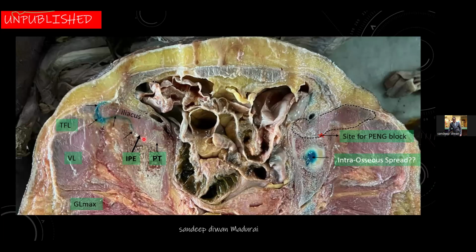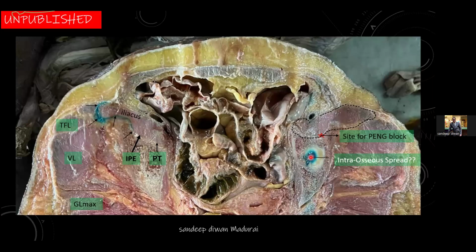So now this is the iliacus, that's the psoas tendon, that's the iliopectineal eminence. These are the lateral parts, the tensor fasciae latae, vastus lateralis, gluteus maximus. You can see the dye going as far as the path of the lateral femoral cutaneous nerve. But what was unusual is the intraosseous spread. You can see the intraosseous spread, and we found it in 4 specimens out of 8.